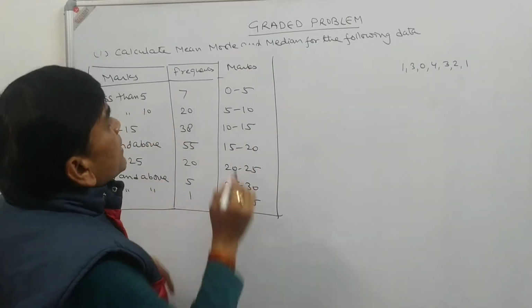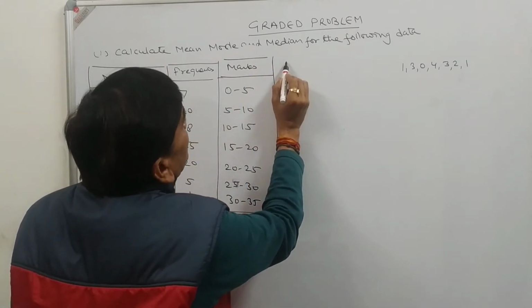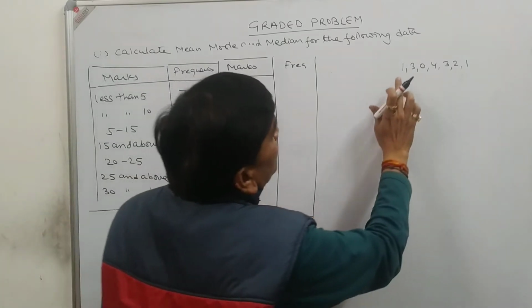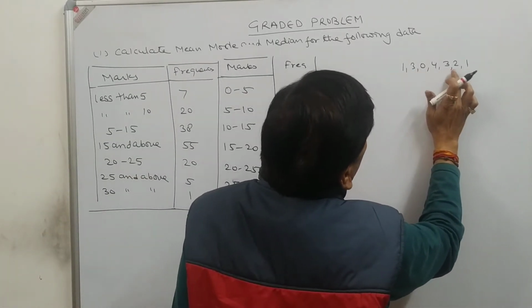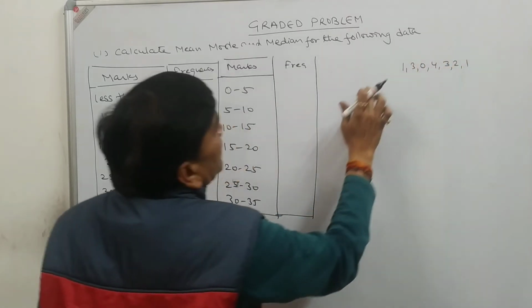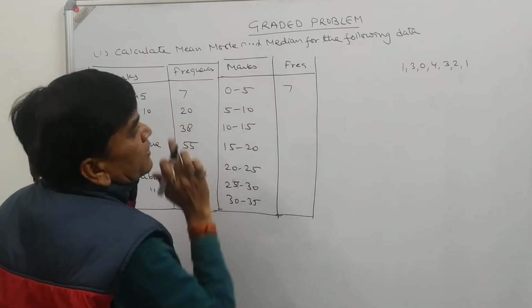So the less than 5 frequency is 7. Counting 1, 2, 3, 4, 5, 6, 7, all numbers are less than 5. So here the number is 7.